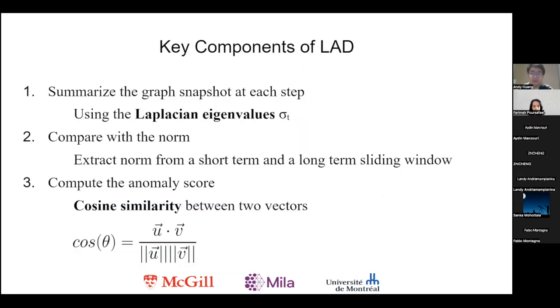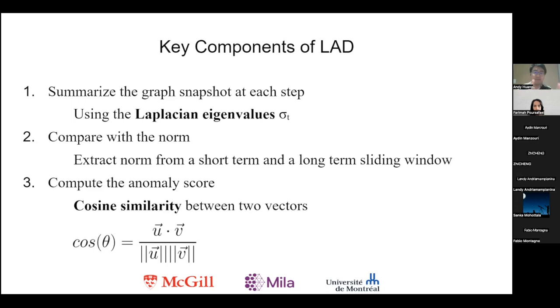Okay, so in terms of the key ingredients of LAD, first we treat the temporal graph as a sequence of graph snapshots. Here we're working with discrete time dynamic graphs, which is different from some of the previous talks. In particular, you want to summarize each graph snapshot in time, because comparing the graphs themselves, like two matrices that can sometimes even be of different sizes, can be very difficult.